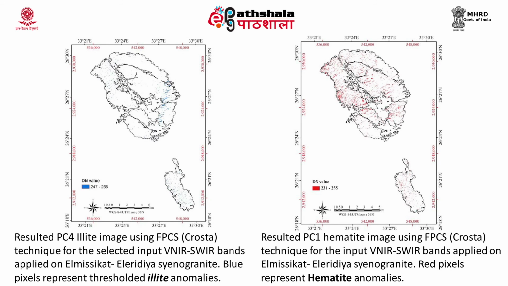In this picture the same method has been applied. You can see the illite and the hematite. Illite is in blue color, in the left side picture, the PC4 illite image, and the right side picture is the hematite anomaly. Hematite is given in red color.